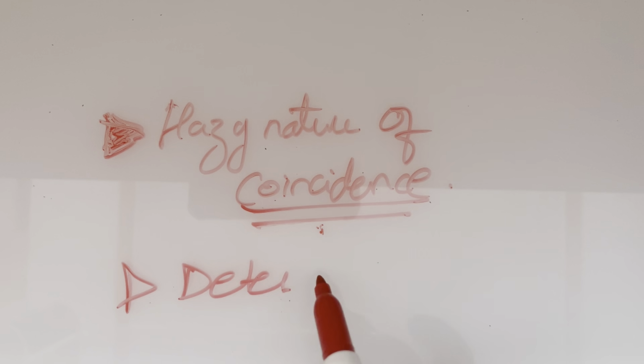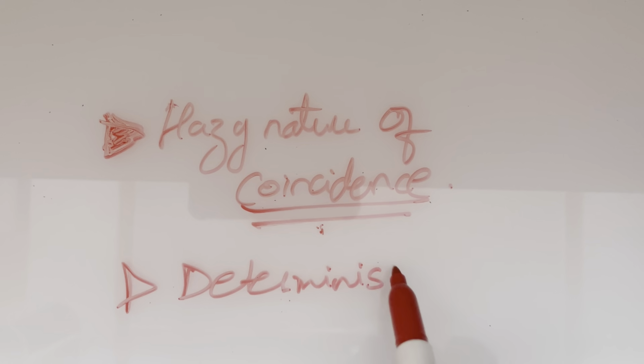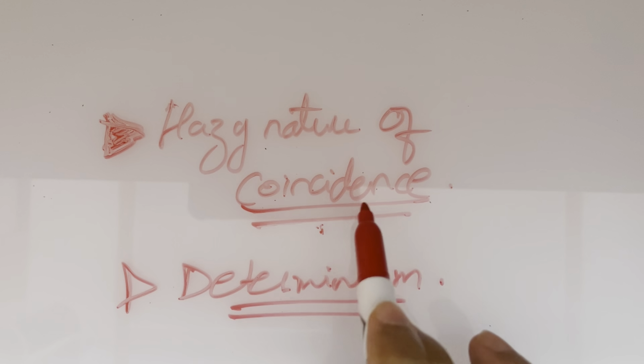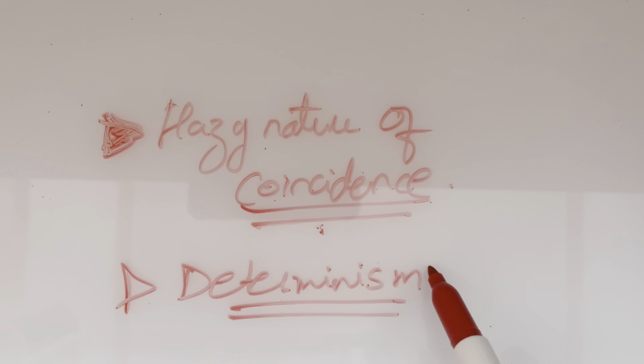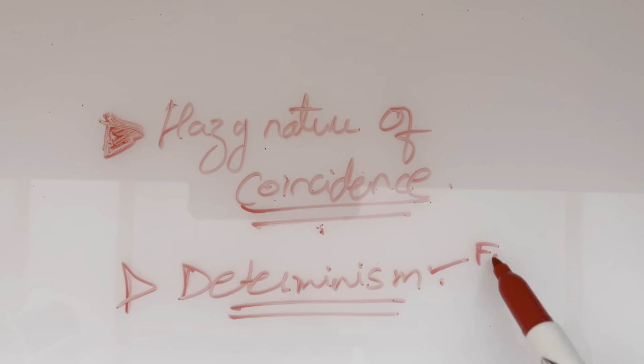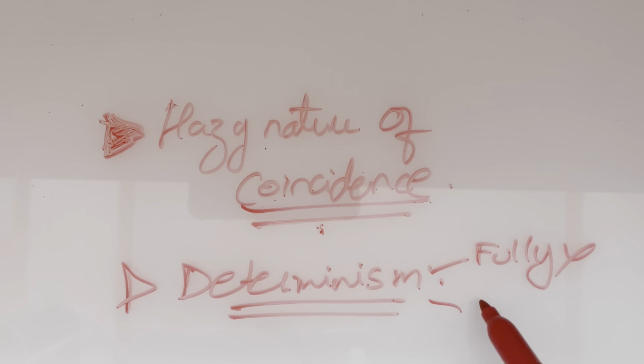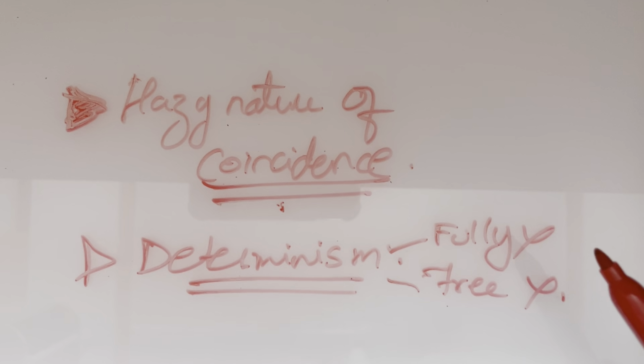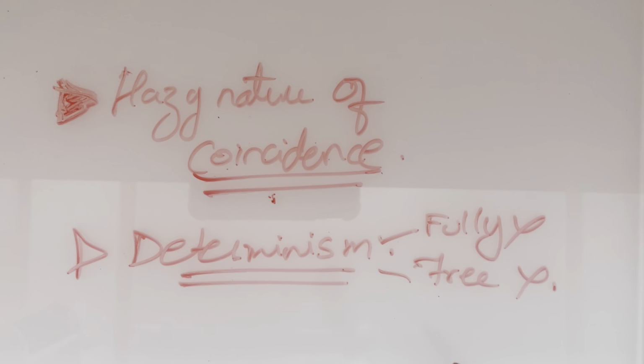There is no clear-cut view on determinism in Leibniz's philosophy because of this. So it is not fully deterministic like Spinoza. It is not a fully deterministic system, and it is not a completely free system. It's not an indeterminate system, or completely free, or completely a posteriori kind of a system.